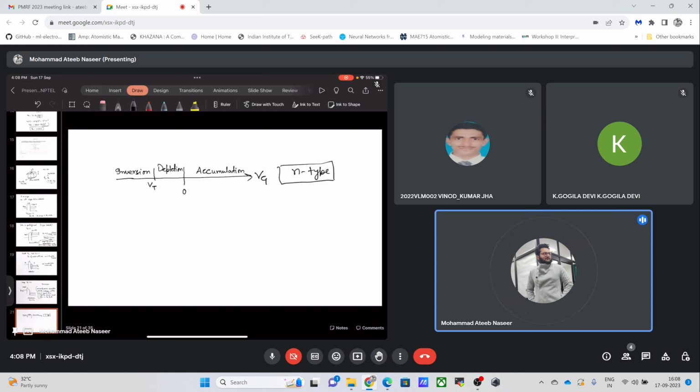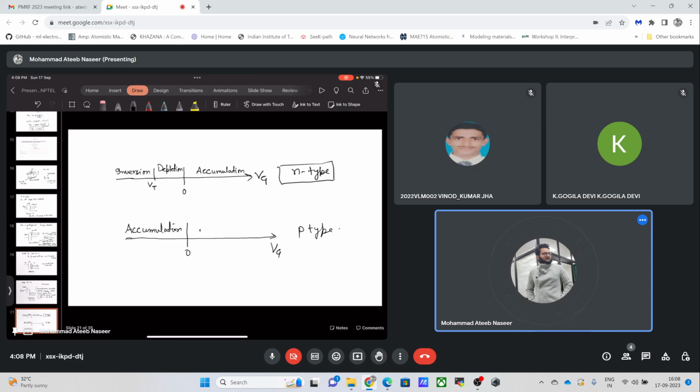Okay, and for the p-type, the reverse thing will happen. For the p-type, a large negative bias would mean that we will be having accumulation of holes, obviously, at the interface.